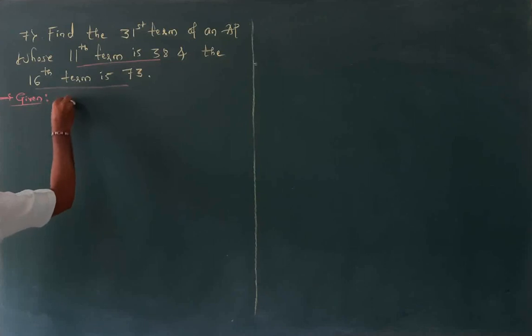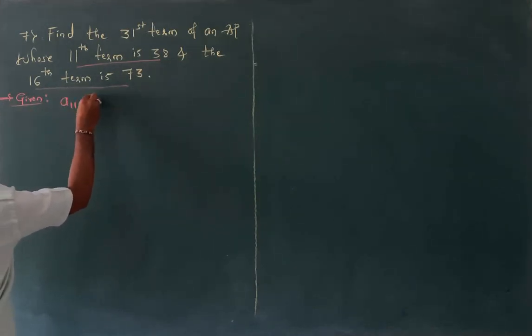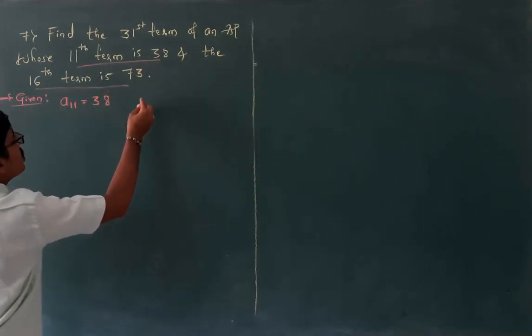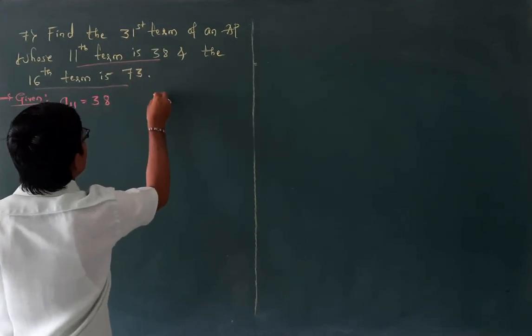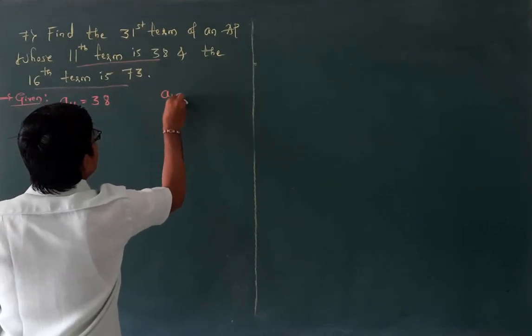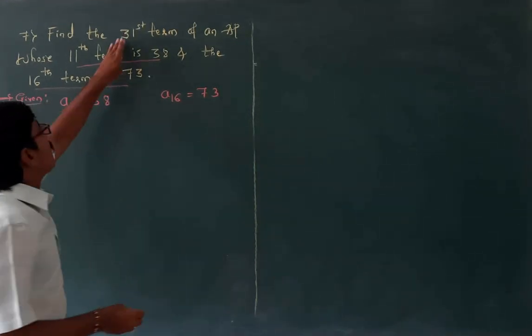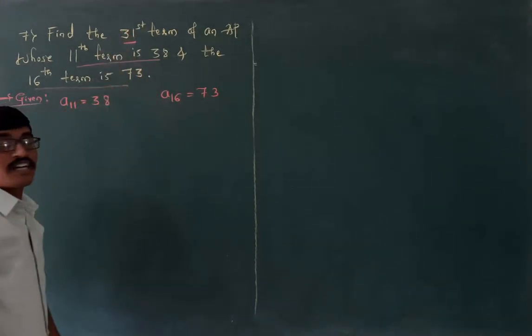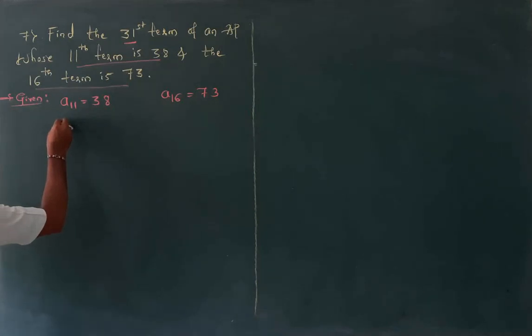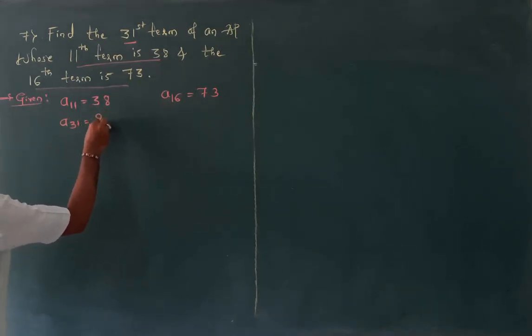The 11th term, that is A11, is equal to 38, and the 16th term, that is A16, is equal to 73. What is asked? Find the 31st term. So A31 is equal to question mark.